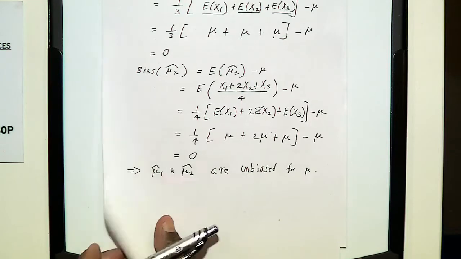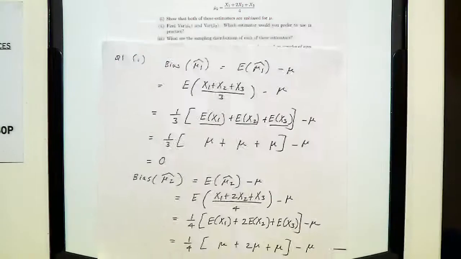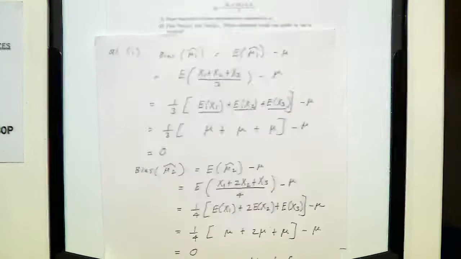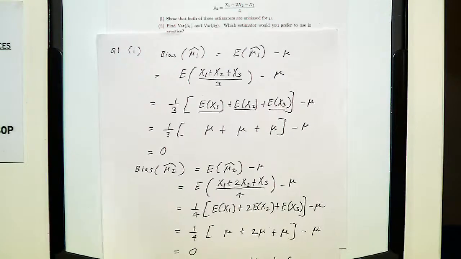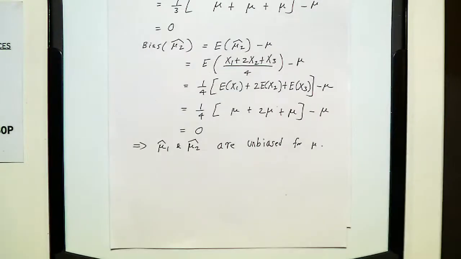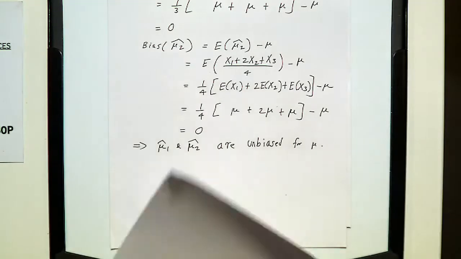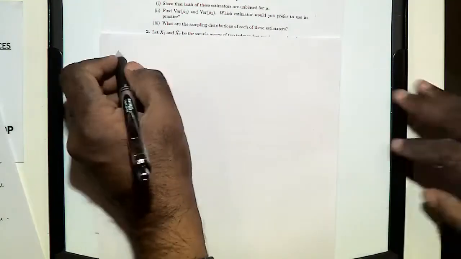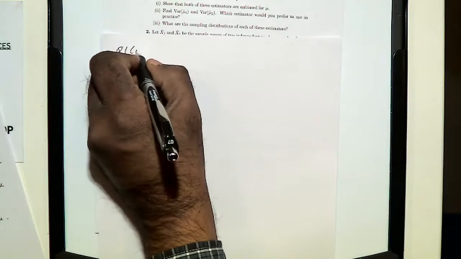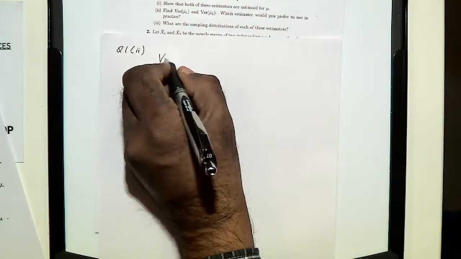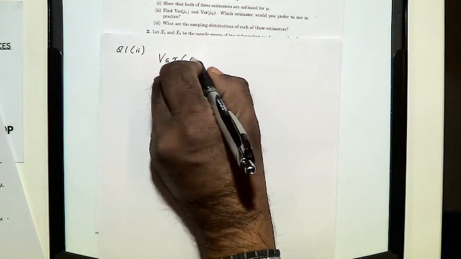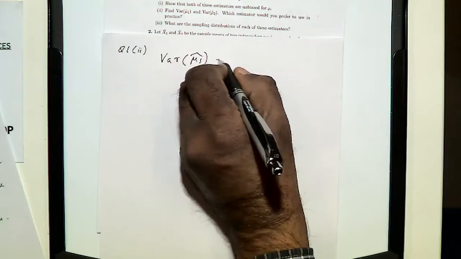Okay, good. Now the second part is to find the variance of the two estimators. So let's start with the first estimator. This is question 1, part 2. The variance of mu1 hat is going to be the variance of the sum.